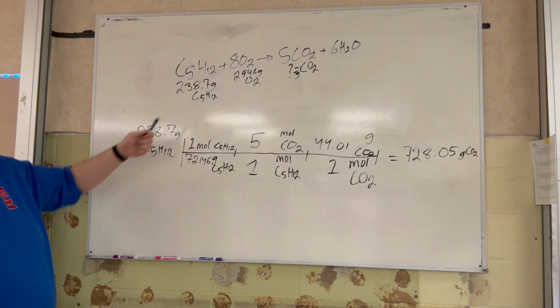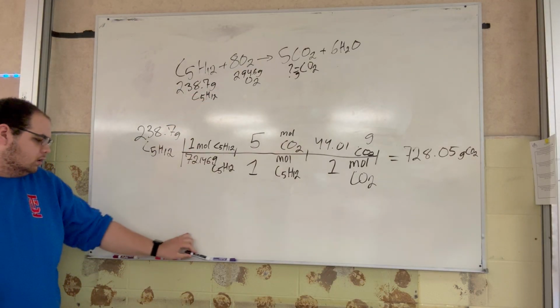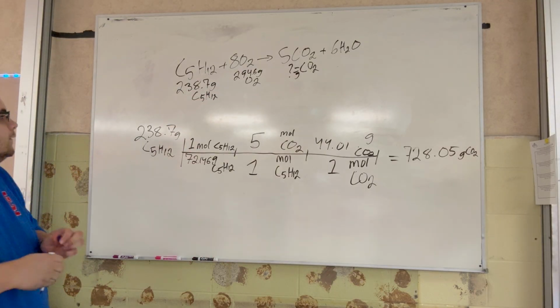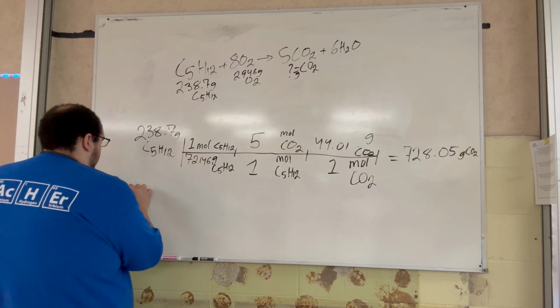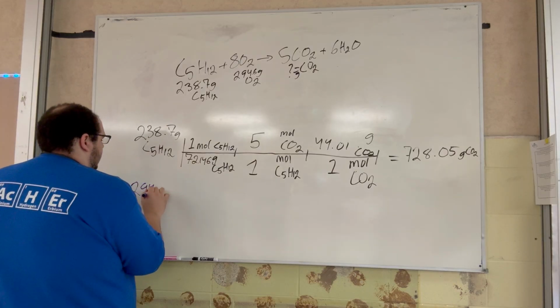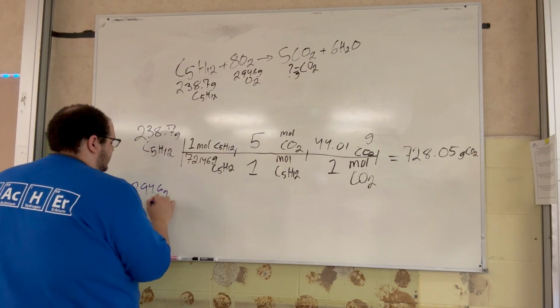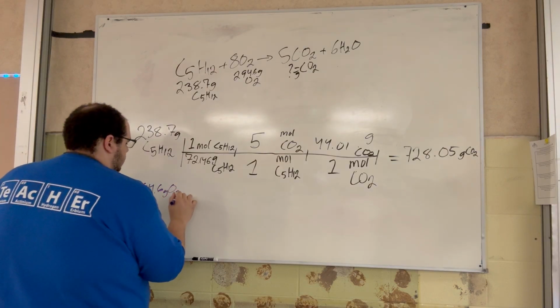I need to do the same grid, but for the other reactant. So we have 294.6 grams of O2.